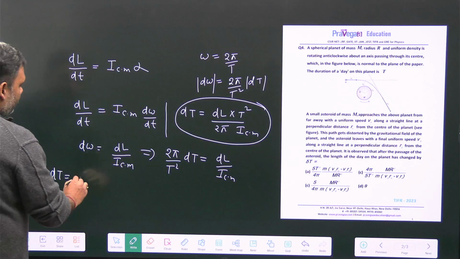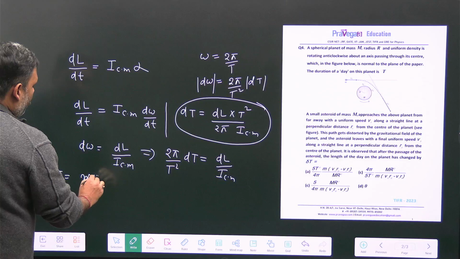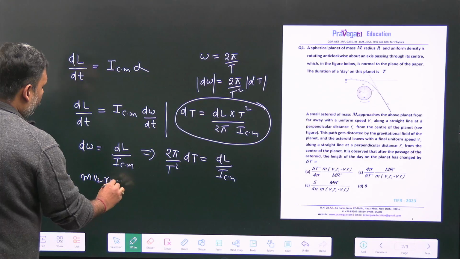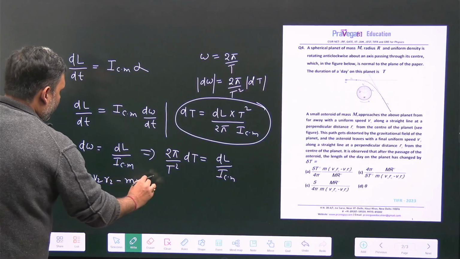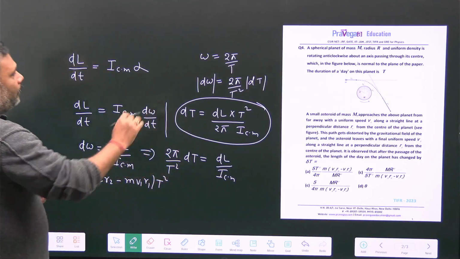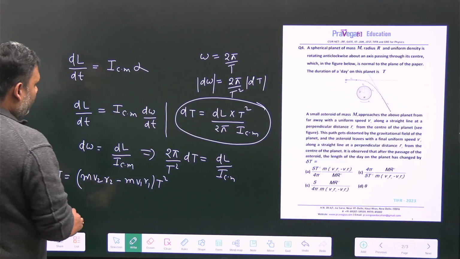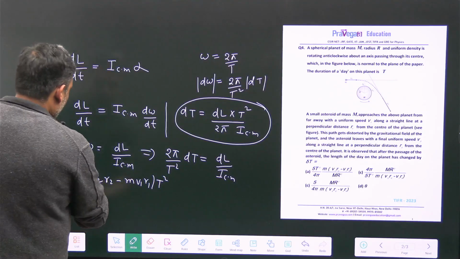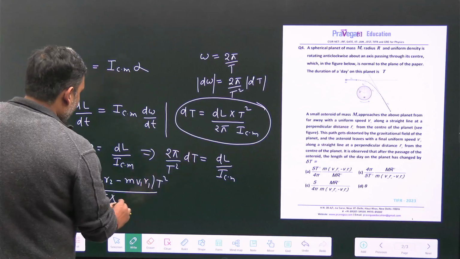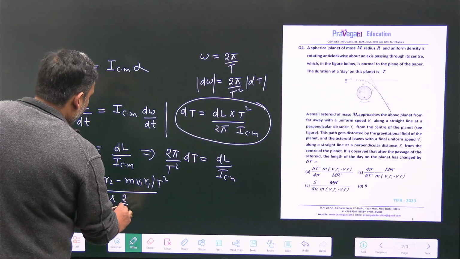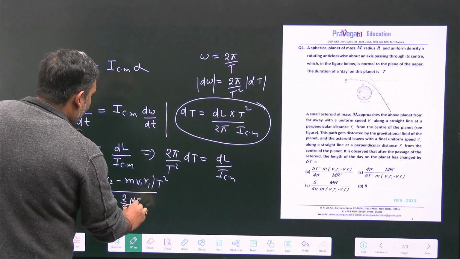And this dT is equal to m v2 r2 minus m v1 r1 into T square, where T is the original time period, divided by 2 pi and I_CM, which is 2 by 5 m r square.